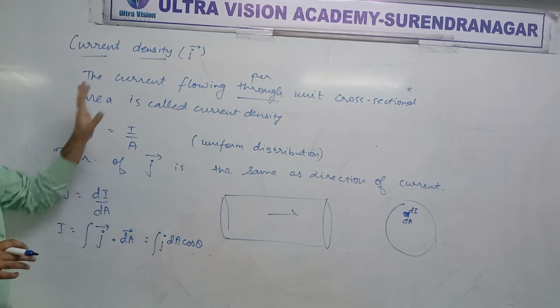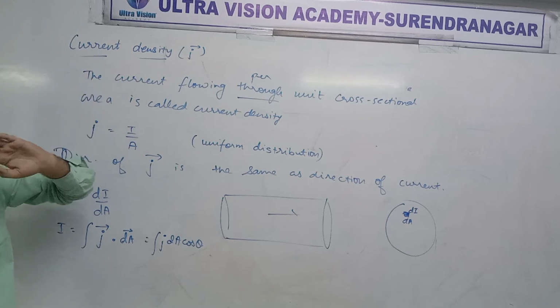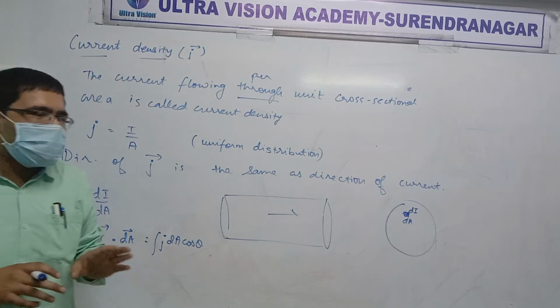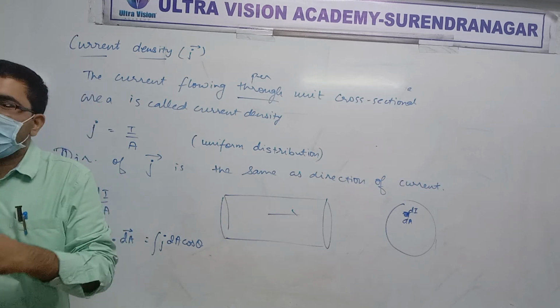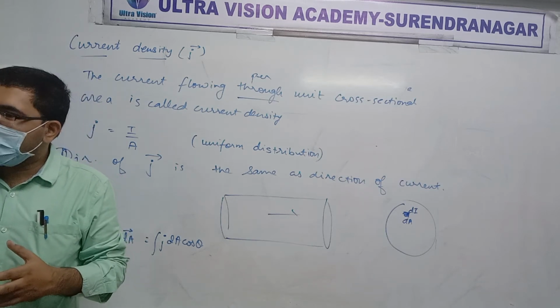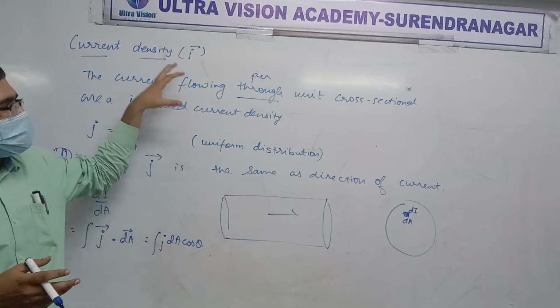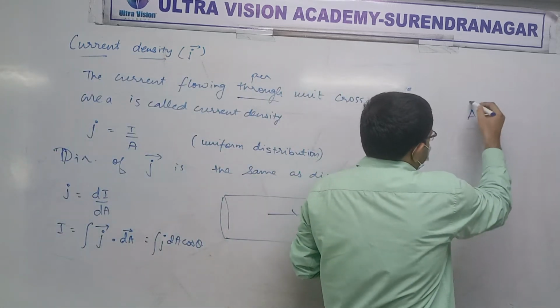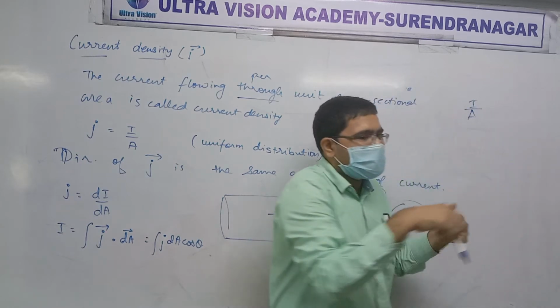Right? You might say, sir, there is no need to define current density. I agree. There is absolutely no need to define current density. But then why is it there? It's because in many mathematical expressions, if you don't define current density, you will get things like I by A, I by A, I by A everywhere.